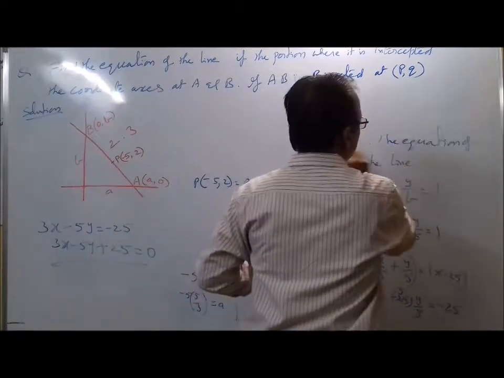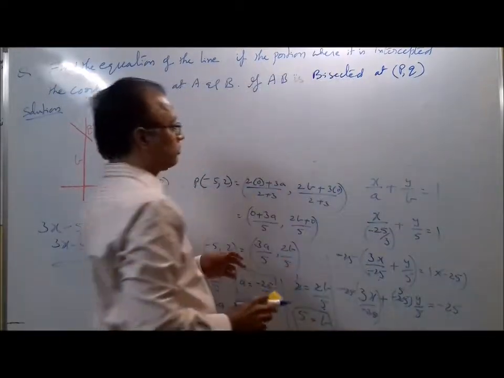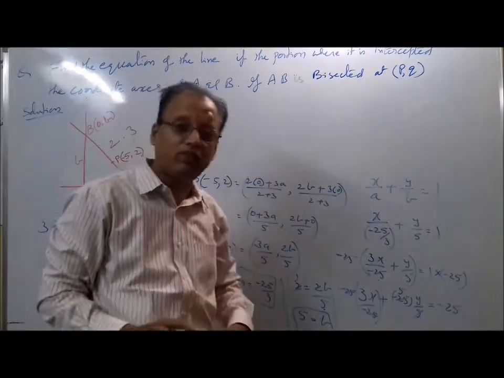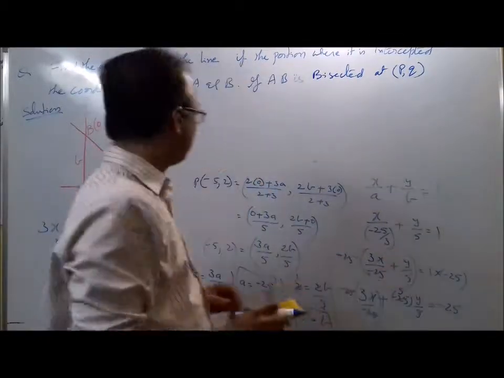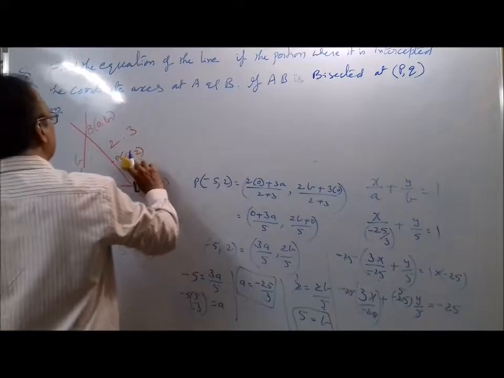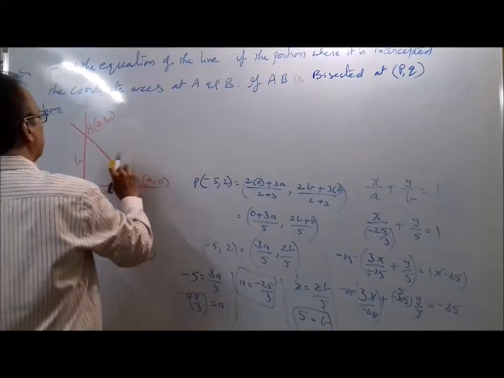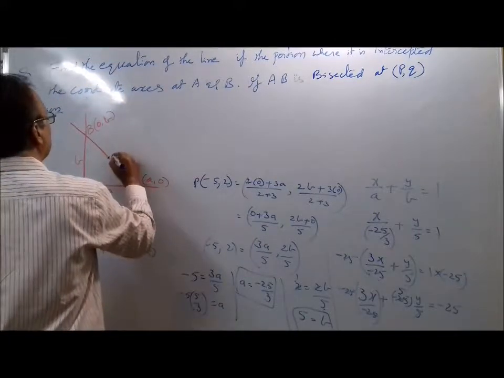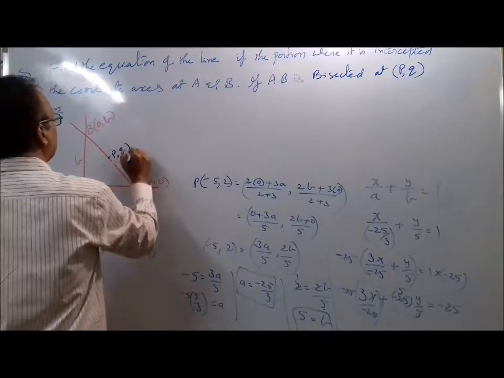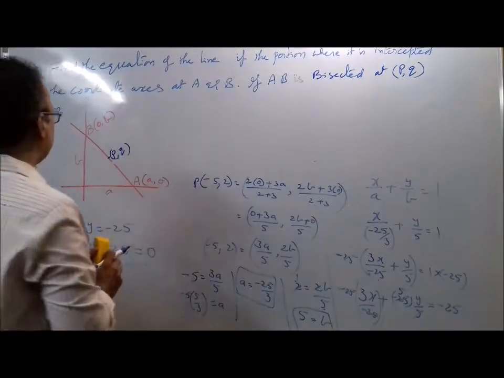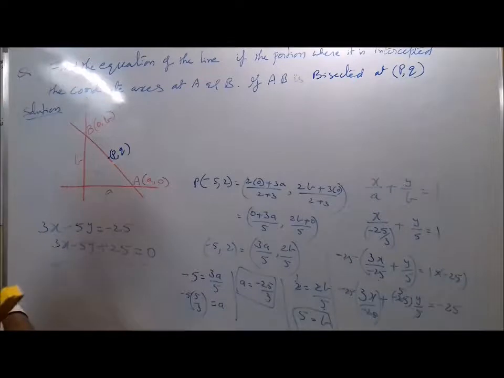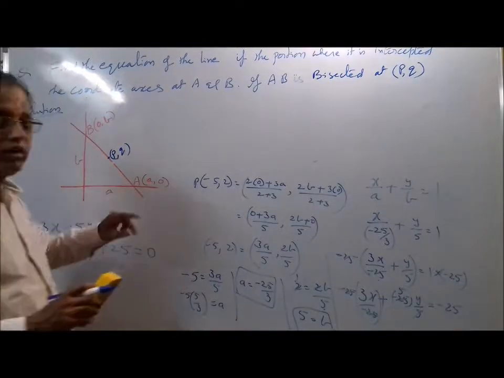Next problem. If it is bisected, bisected means what? It's the midpoint. The diagram will change. The diagram will be the midpoint P comma Q. This won't change. So midpoint means what?